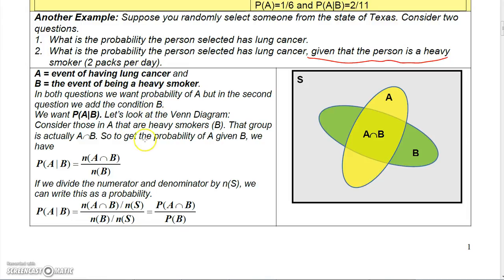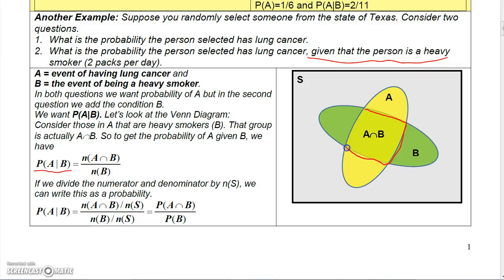If you look at my diagram over here, let's say that the yellow, the A, is all those people that have lung cancer. And let's say B are all of those that are heavy smokers in the population. If you want to know the probability of someone having lung cancer given that they're heavy smokers, then you have to look at the intersection.